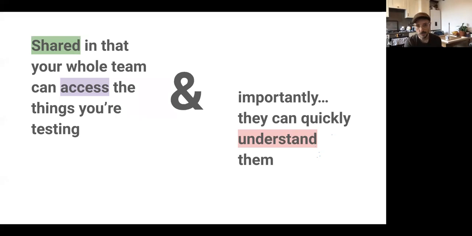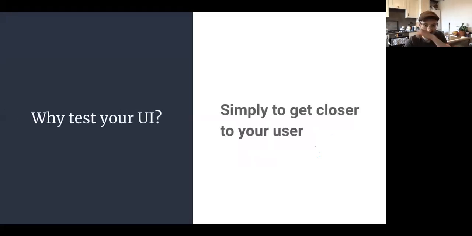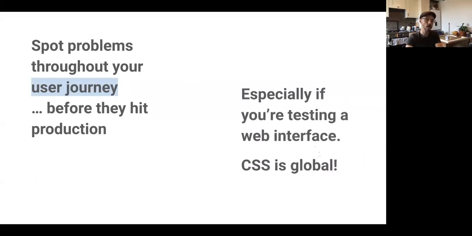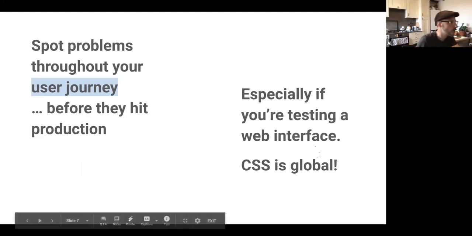So if your tester's away on holiday or your developer is and they're writing the tests, you can still run through their test script, so to speak, and still be confident in releasing. So why test your UI? Simply to get closer to your user. And I think this is where I started the live stream. So yeah, I'll go over to the questions now.